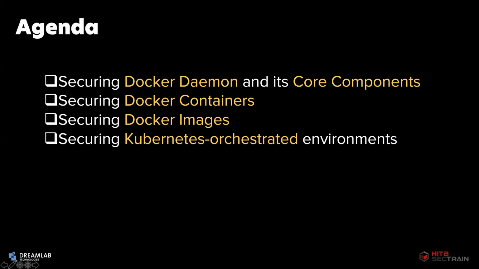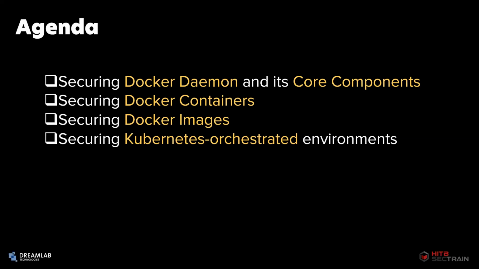Good. So this is our agenda for today. We'll start talking about securing the Docker daemon and its core components, the Docker socket, the API, and other core components of Docker. And then we will jump into securing Docker containers, Docker images, and finally we'll talk about securing Kubernetes orchestrated environments.